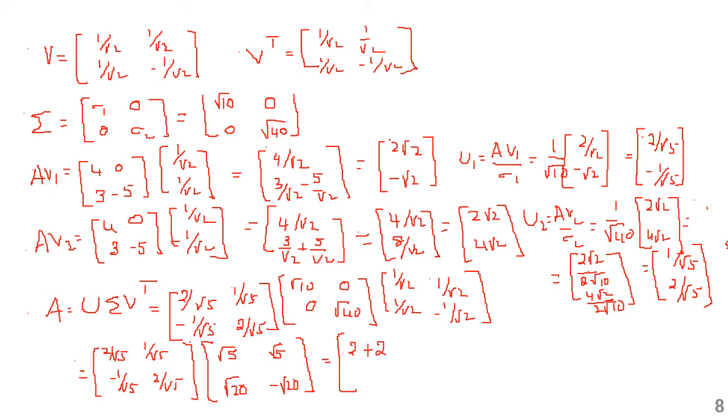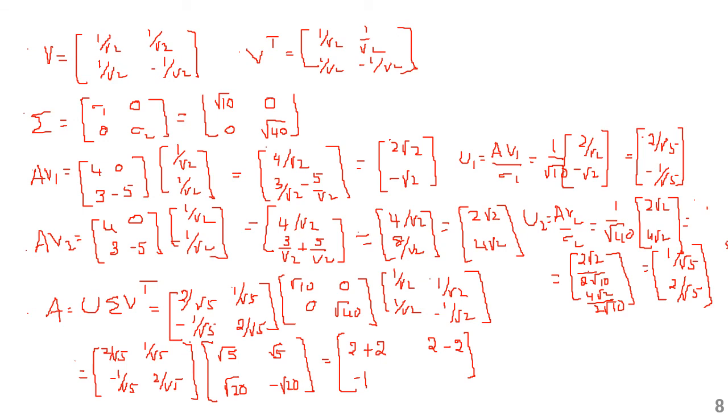So the next one is 2 into root 5. 1 minus 1, you get root 5 into 2 by root 5, so you get minus 2, and this is plus 2 and minus 2. And here you have root 5 into minus 1 by root 5, you get minus 1.